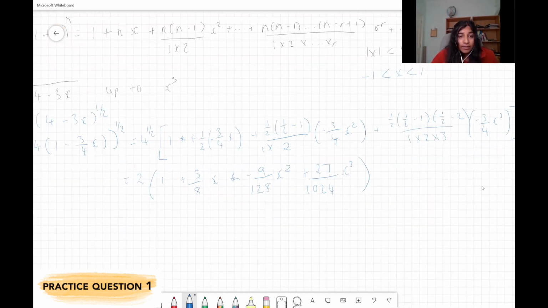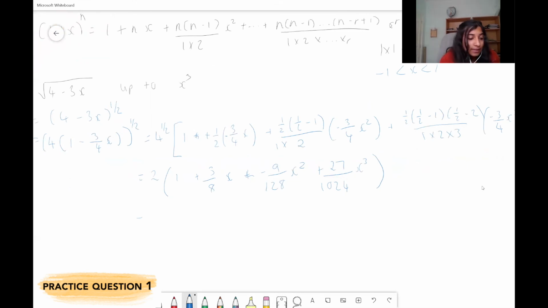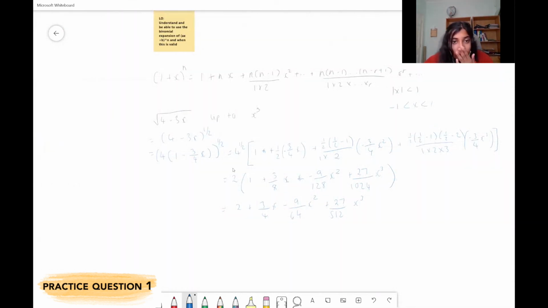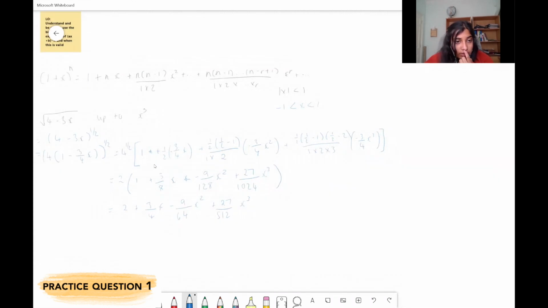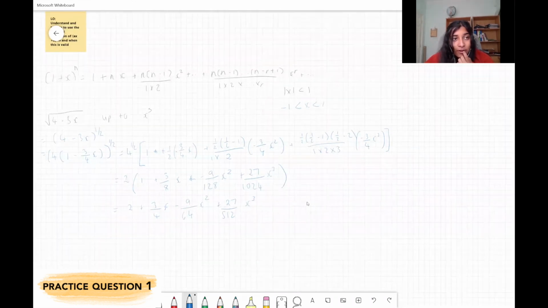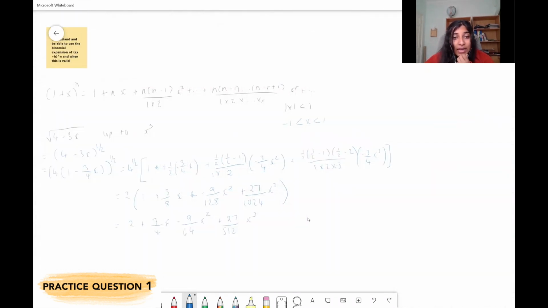And then finally, if you just multiply that out, you'd get 2 plus 3/4 x minus 9 over 64 x squared plus 27 over 512 x cubed. Yeah, so again, many students would just forget to multiply by the 2 of that whole bracket. So to avoid doing that, just make sure you keep your 4 to the power of half on the outside of your bracket. And that's how you solve this.